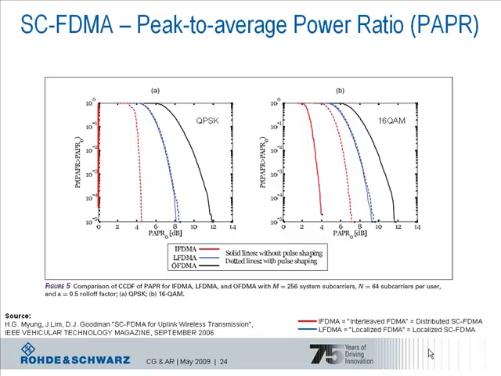Again, the goal of introducing single carrier FDMA in the uplink was to lower the peak to average power ratio, enabling an efficient power amplifier design for the device. This chart shows the complementary cumulative distribution function, which describes the probability distribution of the peak to average power ratio. The CCDF is displayed for OFDMA, so for the downlink, and for both modes of single carrier FDMA, localized and interleaved FDMA.